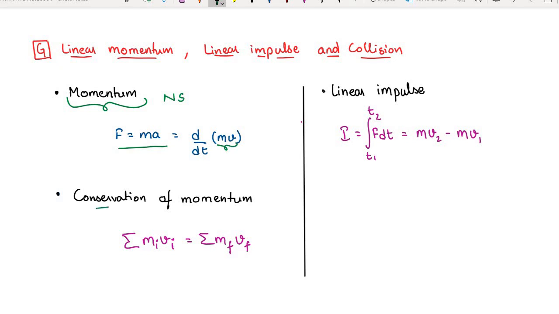Now we have conservation of momentum, which states that the initial momentum of the system is equal to the final momentum of the system. Then the linear impulse is defined as I is equal to the integral of F dt from t1 to t2, which can also be written as the difference between the final momentum and the initial momentum of the body.